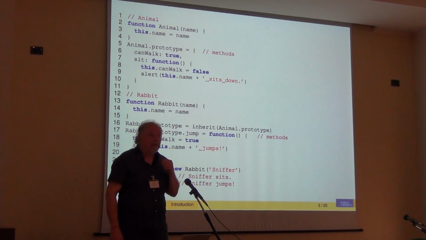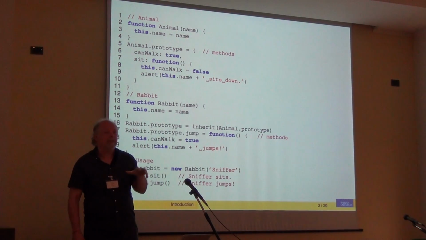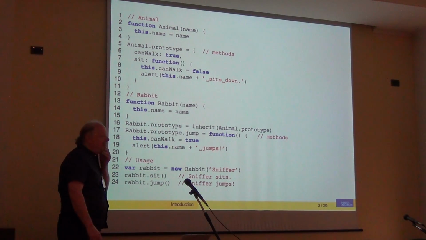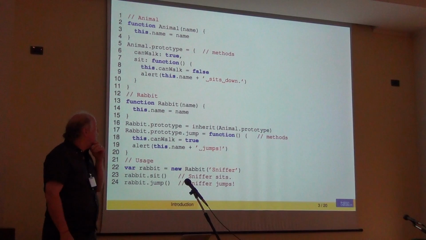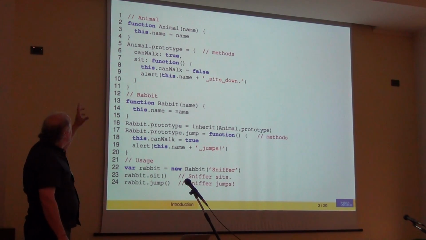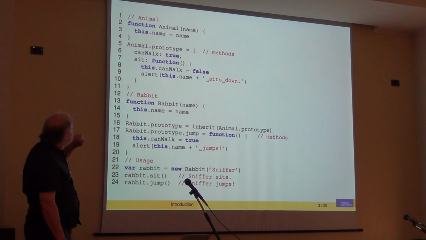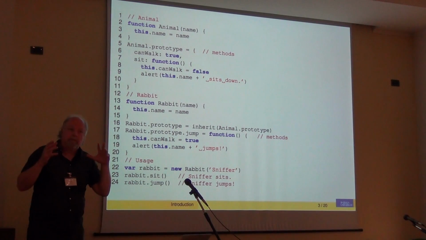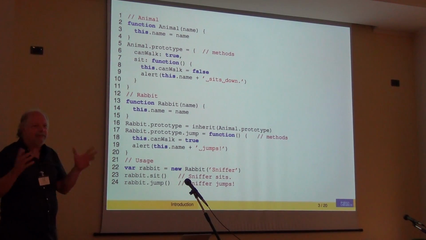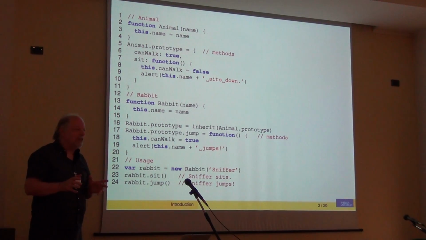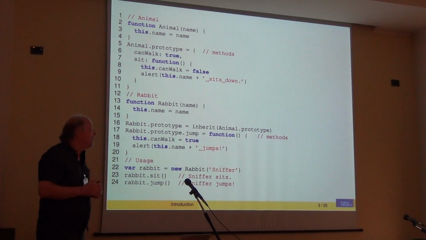Okay, so here, does everybody know JavaScript perfectly? No? Okay. So this is a simple example I got from the web, declaring two classes, an animal class and a rabbit class. JavaScript doesn't have classes, okay? But everybody wants it to have classes, so everybody goes about trying to find ways to make it have classes.